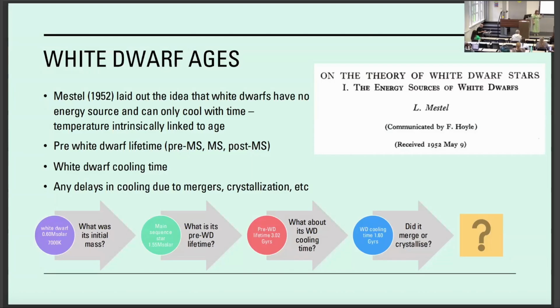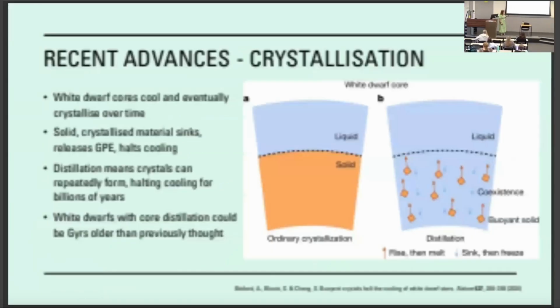The problem is, even if you can calculate all of those, ignoring any systematics, we don't know things like whether it merged and whether that affected its lifetime. We don't know whether it's got any core crystallization, whether that's delayed its cooling, which would delay how we're viewing it and therefore what age we view it as. So we think we can do all of these things, but we were exploring how well we can do them at the minute.